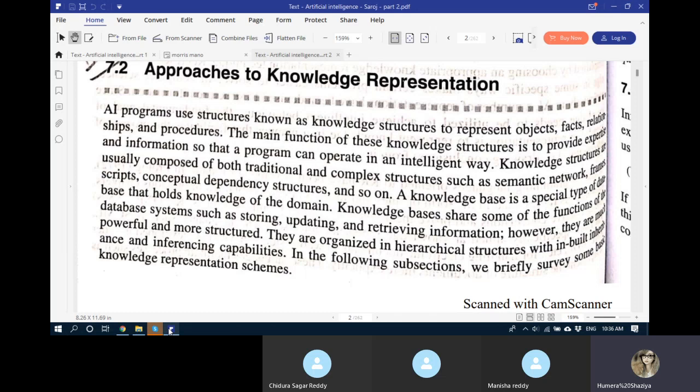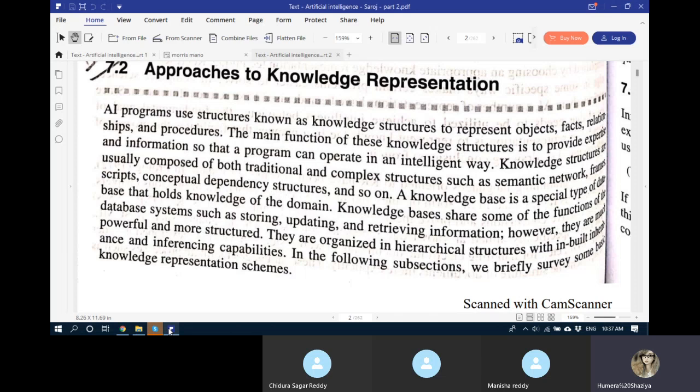Of the domain means, for instance, if you are representing knowledge about a college, everything related to college is stored in the knowledge base. It means the domain of that knowledge base is college. If you want to represent information about a hospital, the domain is hospital.